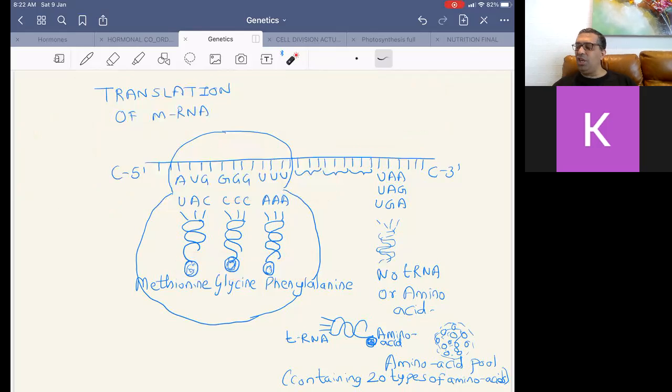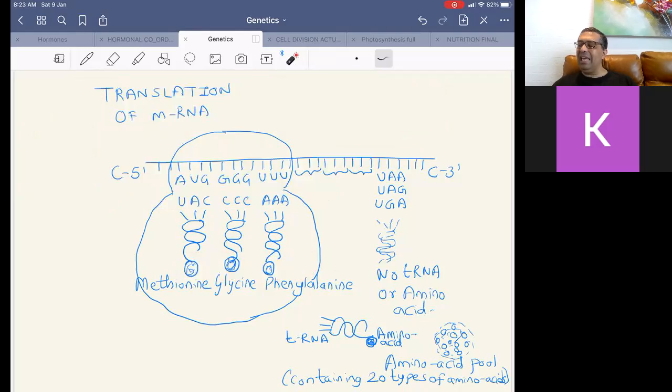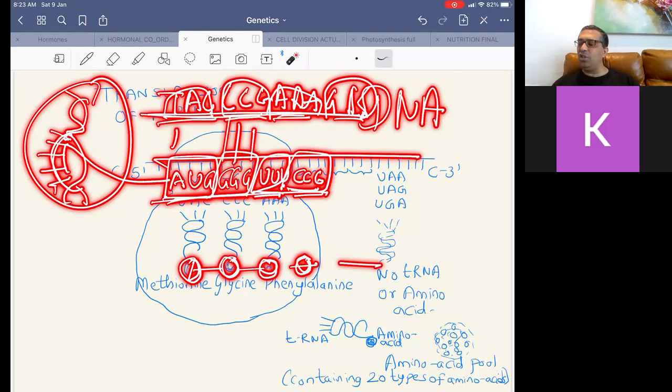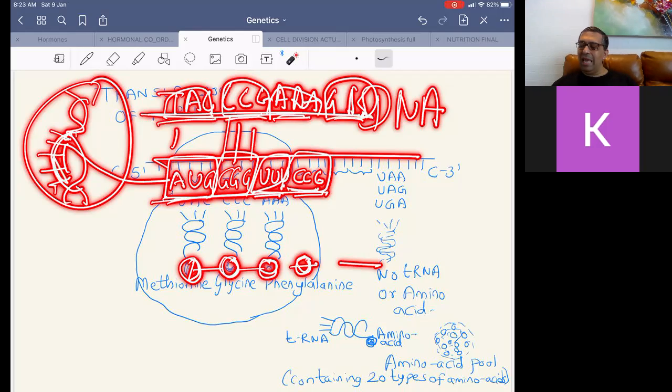So AUG, GGG, UUU, CCC is the mRNA language for insulin or mRNA for insulin, which means TAC, CCC, AAA, GGG, etc. is the codogenes for insulin, and that is sequence number 11,111, the gene for insulin.